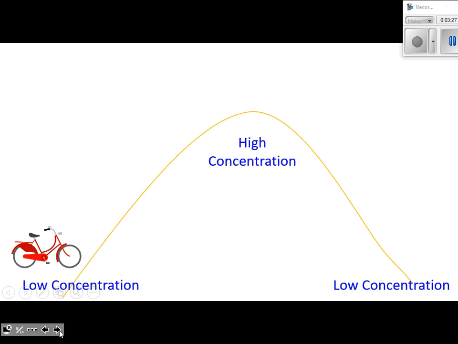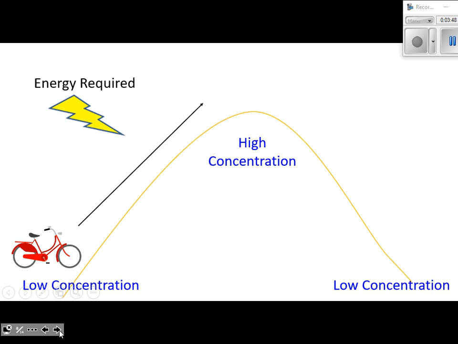If I want to take my bike and ride up that hill, is that going to require me to exert energy? Am I going to need to exert energy to ride up that hill? Absolutely. So I have energy required.